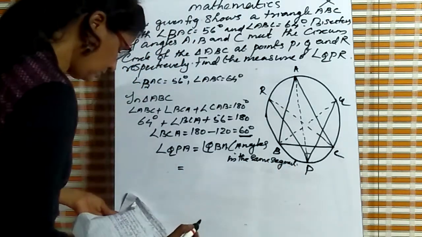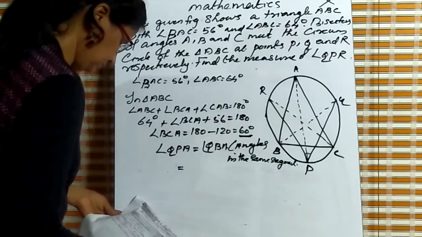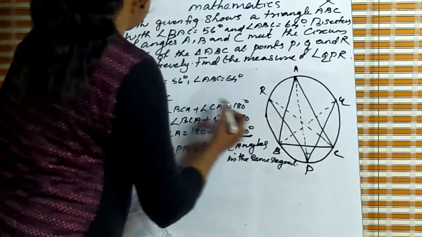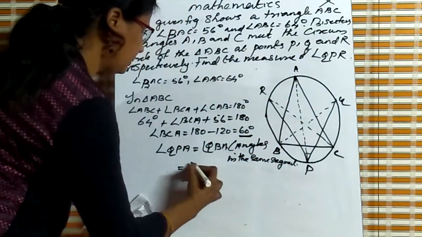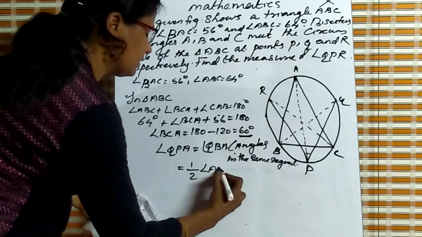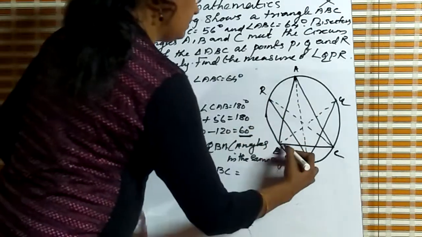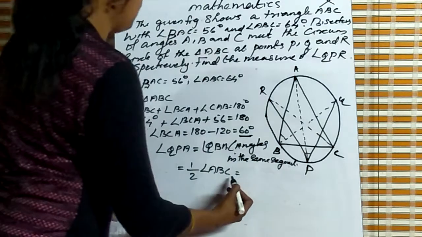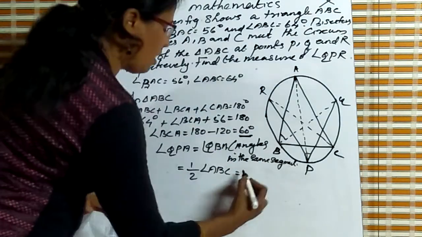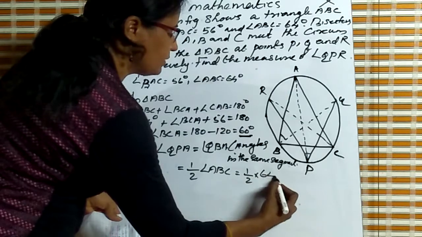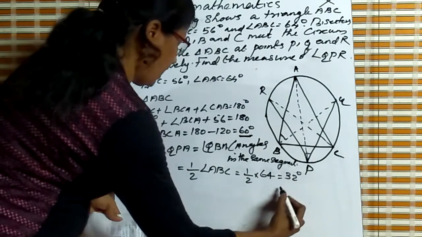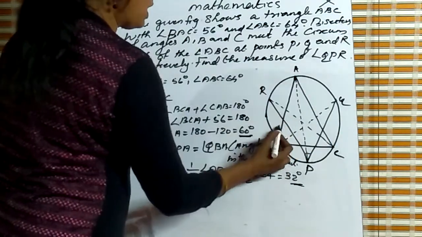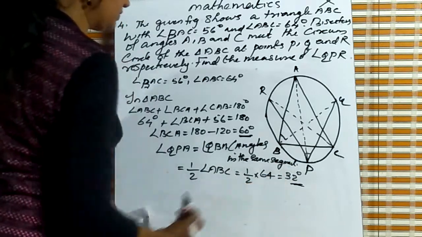What is angle QBA? QBA is equal to half of angle ABC. Angle ABC is this angle, and QBA is half of this. ABC is 64 degrees, so its half is 32 degree. Angle QBA is 32 degree.